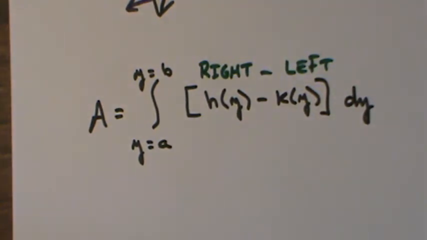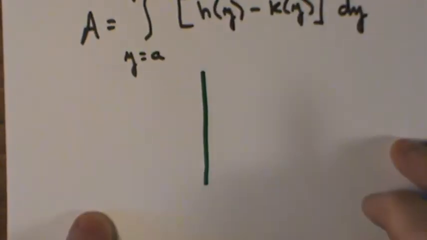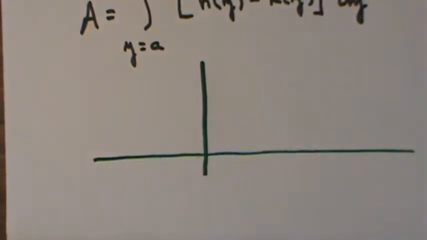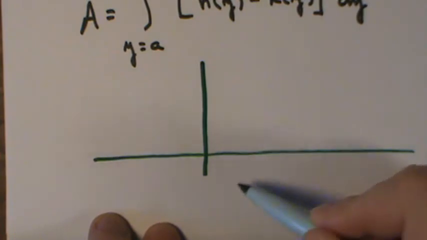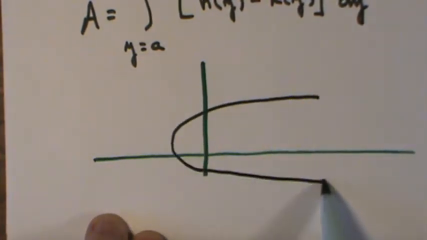And I'll draw a picture of this as well. So maybe you have a function that looks something like this. Let's do a parabola that's been kicked over on its side.